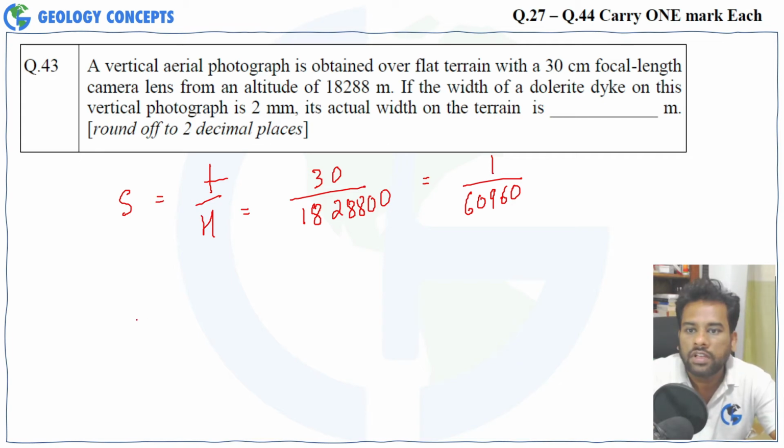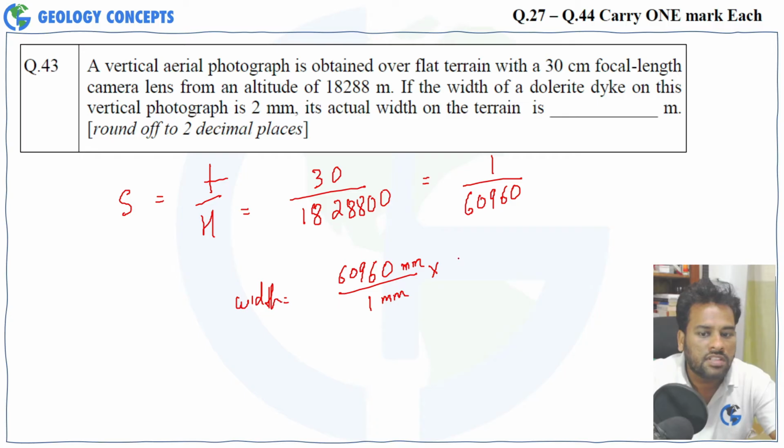Now you have to calculate the width of the dolerite dike. On the ground, 60960 millimeters will be 1 millimeter on the photograph.